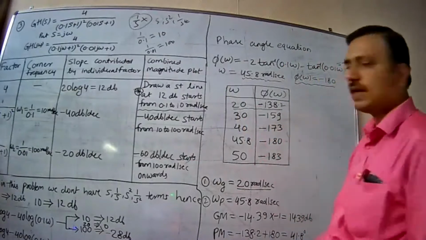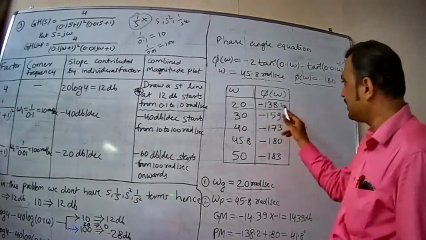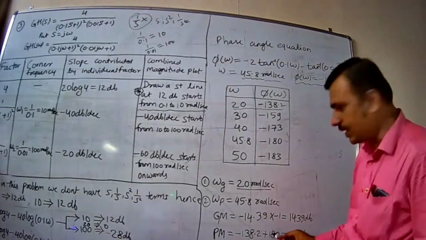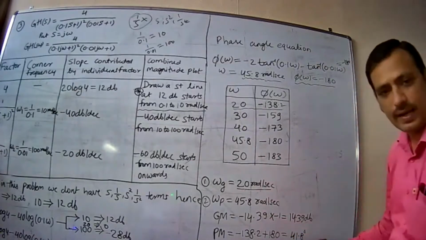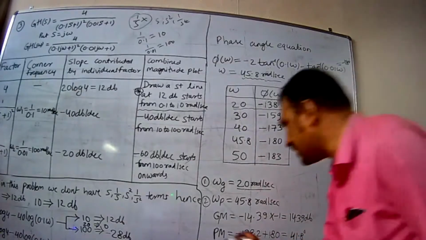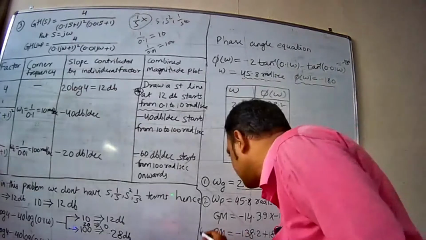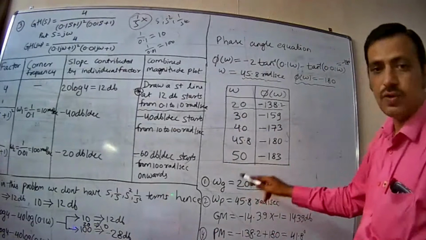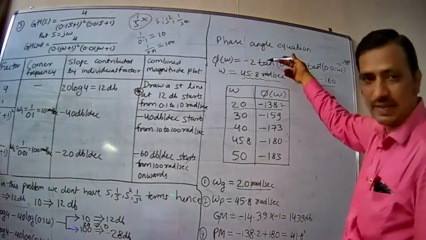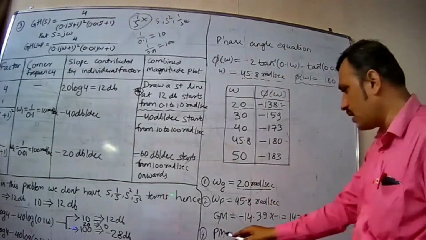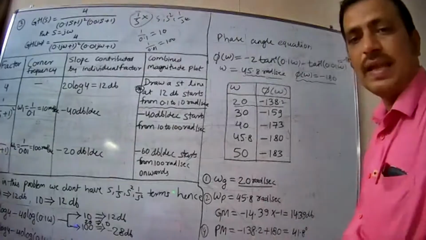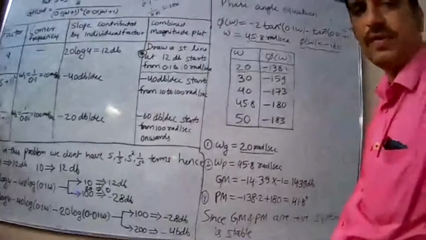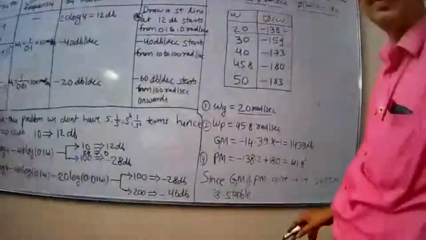For this 138.2, if you add 180 degree, then whatever value you get is itself the phase margin. We substitute the gain crossover frequency in the phase angle equation, and whatever value we get, we call that the phase margin.